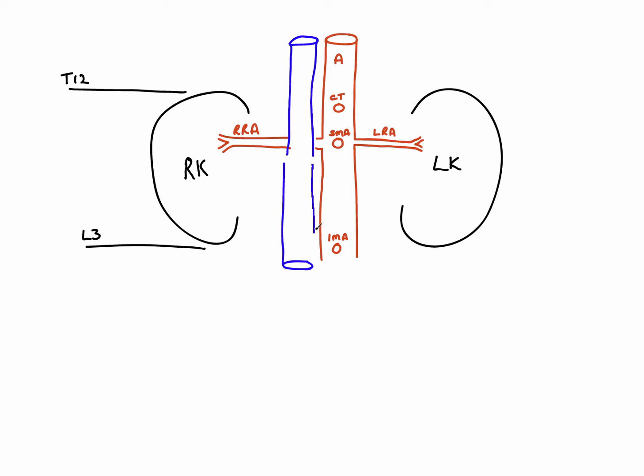What we can see here, and while I've drawn this gap within the right renal artery, is that the inferior vena cava is lying anterior to the right renal artery.